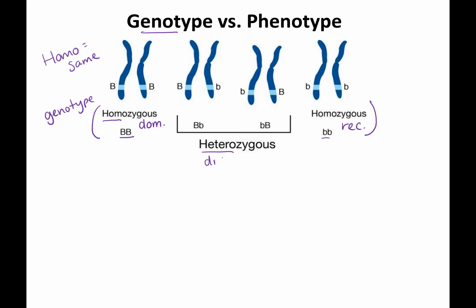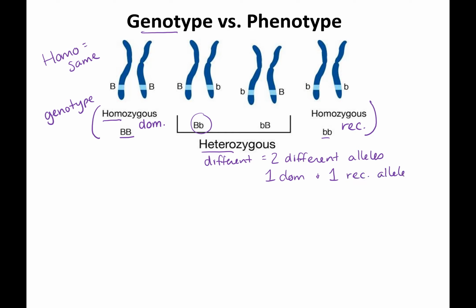Hetero means different. So this means you have 2 different alleles. You don't say heterozygous dominant or heterozygous recessive because it's implied if you're heterozygous, you have one dominant and one recessive allele.